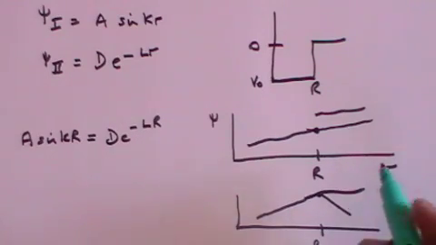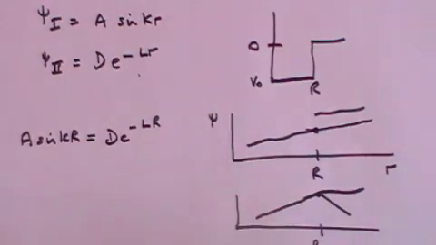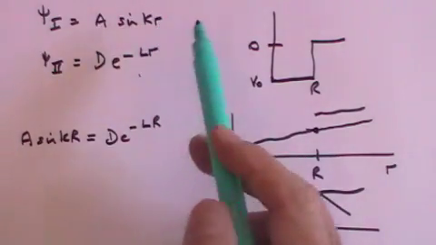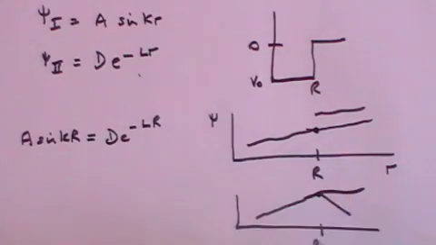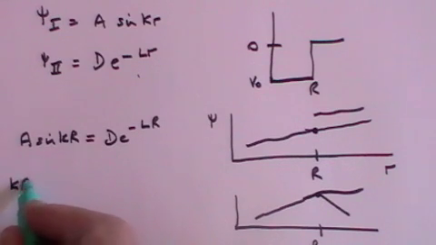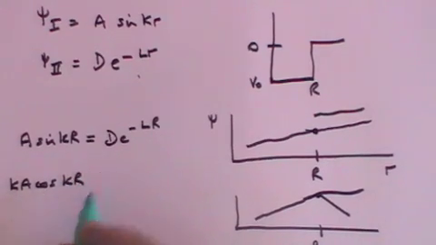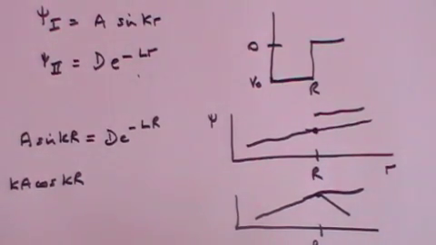So in other words, the derivatives of these two must also be equal. That is to say, the slopes of those two at R must be equal. So what is the derivative of A sine KR evaluated at capital R? Well, that will be KA cosine K capital R. That's the derivative.